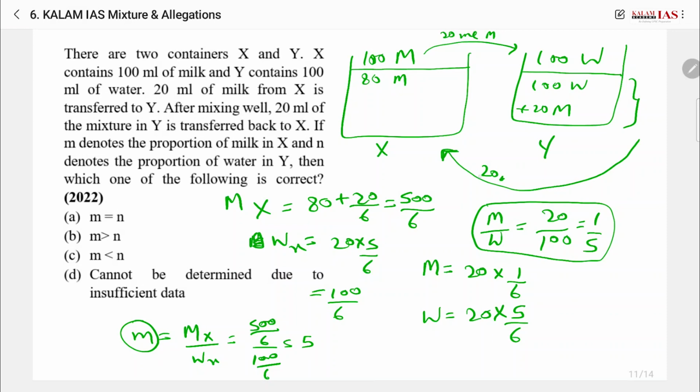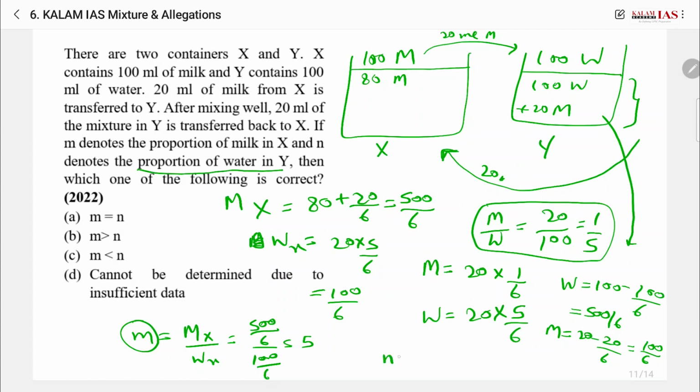After this transfer of 20 ml, the leftover condition will be water will be 100 minus 100/6, which is 500/6, and milk will be 20 minus 20/6, which equals 100/6. Again, N is the proportion of water in Y, so N will be this value divided by this value, W by M, which is again 500/6 divided by 100/6, which comes out to be 5.